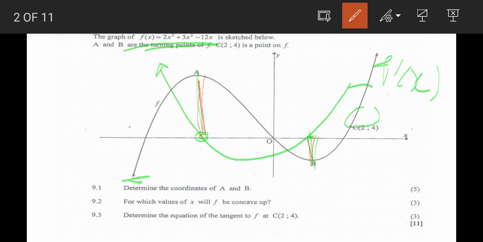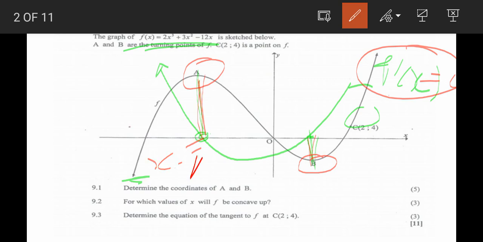So this is why, when we want the coordinates of the turning points, we turn to f prime x. Why? Because in getting f prime x, we can now equate f prime x to 0. Why do we equate it to 0? Because these are the x-intercepts, and for the x-intercept our y is always equal to 0.